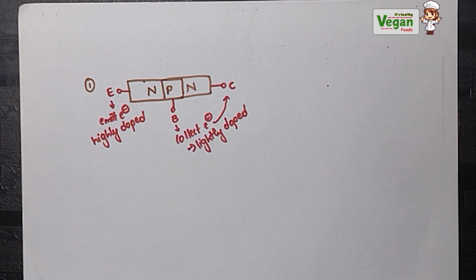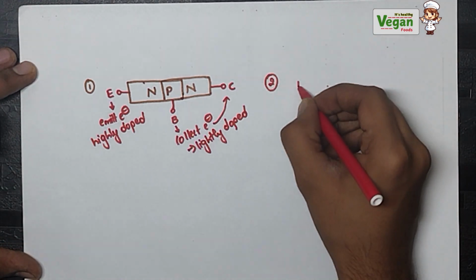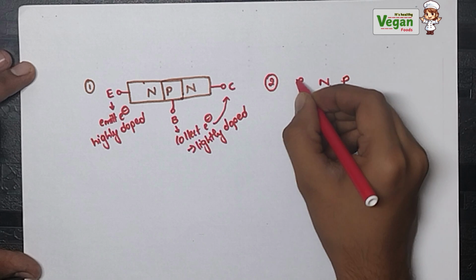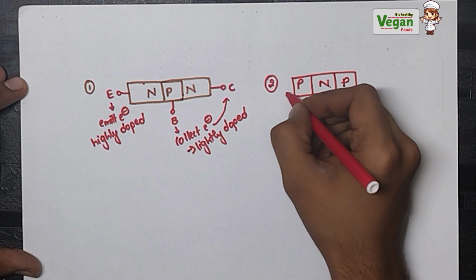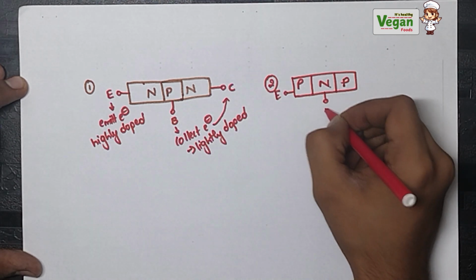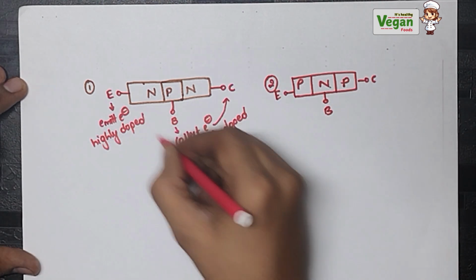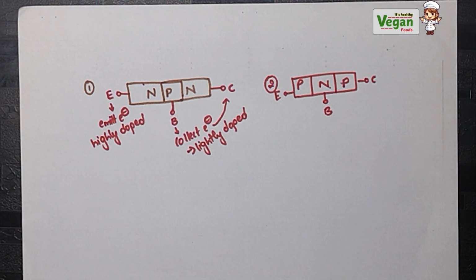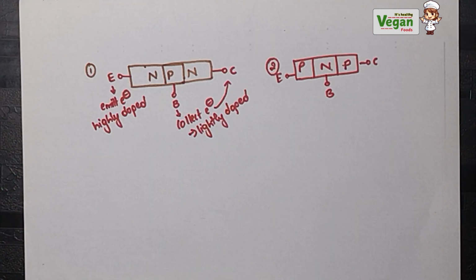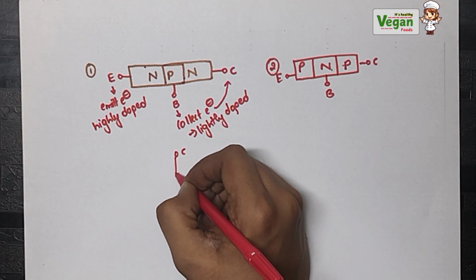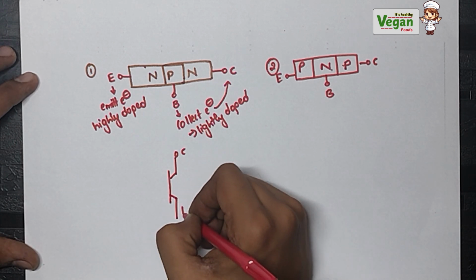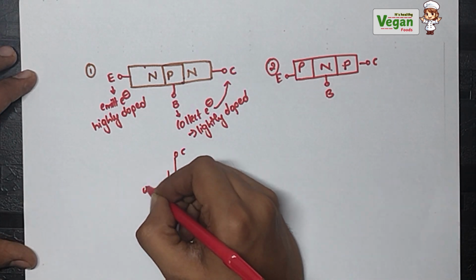Now let's discuss the conventional flow of current in both PNP and NPN transistors. If I consider a PNP transistor, two P type semiconductors with an N type semiconductor in between them, the same emitter, base and collector do the same operations. If we consider the conventional flow of current in an NPN transistor, this is collector, emitter, and this will be the base.